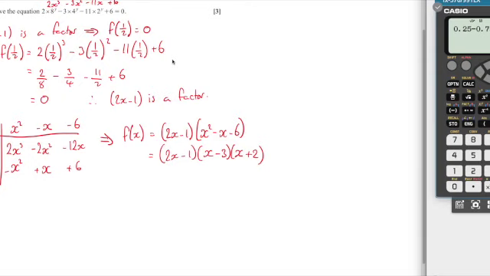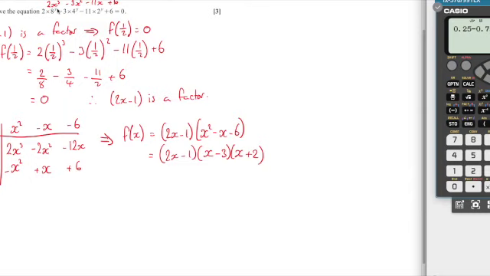If we look at what we've got, 2 times 8 to the power of something, minus 3 times 4 to the power of something, minus 11 times 2 to the power of something, plus 6. You should have played with powers enough now to realise that 4 is 2 squared and 8 is 2 cubed, so we actually have sort of a hidden cubic.